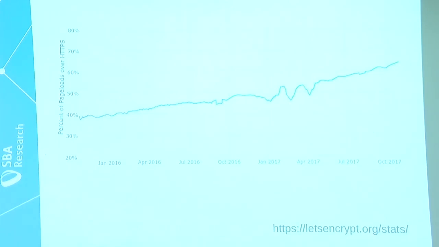So, when we look at the results, this happened in the last 2 years. We see that we now go to 60% of page loads in Firefox that are over HTTPS. So there's still a lot of room to improve to finally get to 100% HTTPS support. And this is, I would say, because now we are shifting.